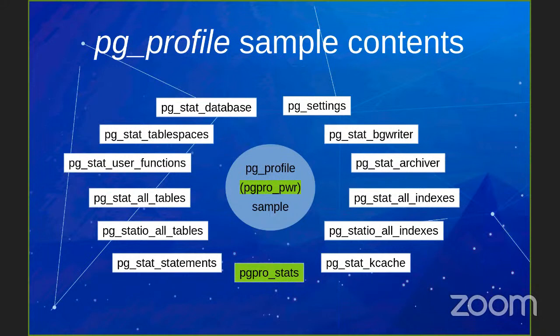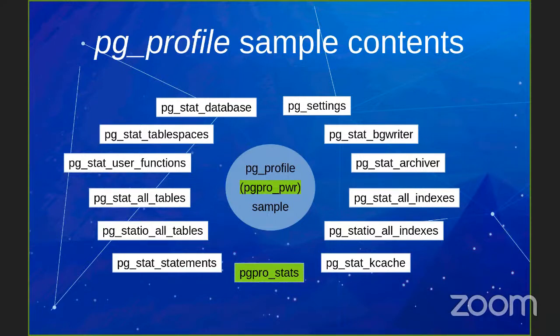We're storing statistics for top objects only, saving some space. There is also Postgres Pro, a fork of Postgres database containing the pg_pro_stats extension, providing statement plan statistics and wait sampling. This data is used by the PG Pro Power fork of PG Profile.